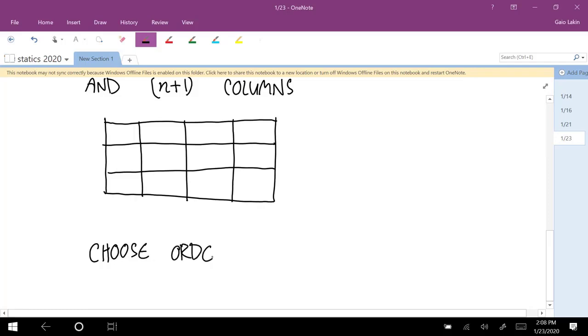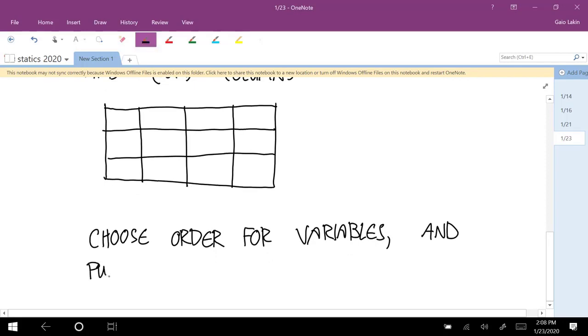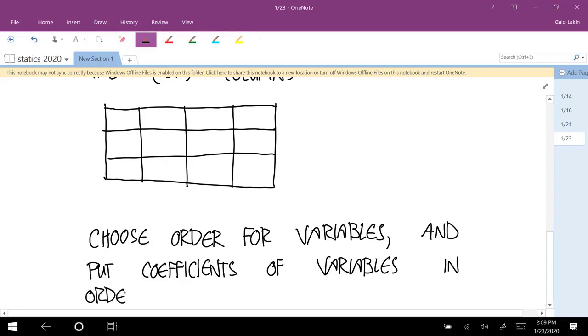Choose an order for the variables, and put the coefficients of the variables in order in the first n positions.